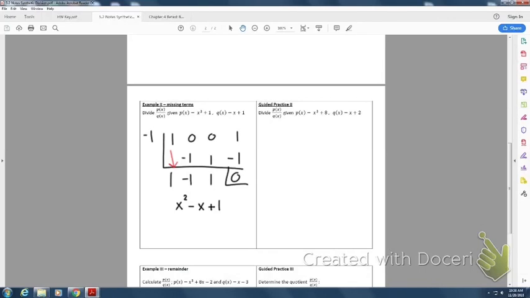Alright, so you can either know that the quotient is going to be 1 less than the dividend, or you just kind of fill in the exponents from the back to the beginning. Either way.